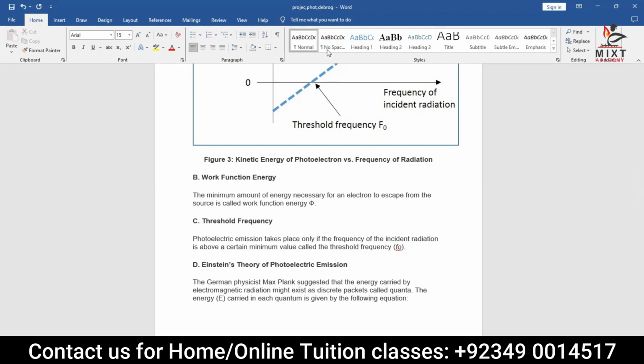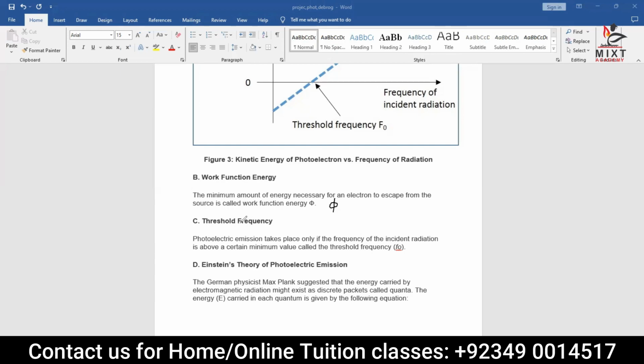Just write that down. This is the sign for work function. Then you have threshold frequency. That is the minimum frequency required to knock out electrons from the metal surface. We have done this: for metal emission to take place, we need this minimum frequency, the threshold frequency, that will knock out the electrons from the metal surface, right?